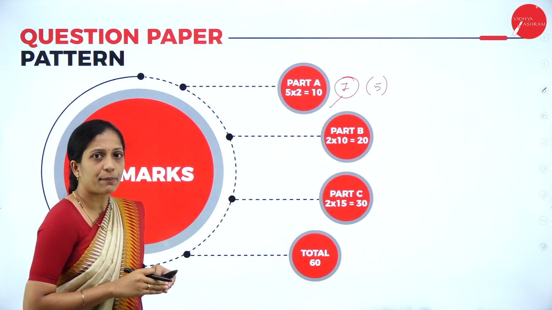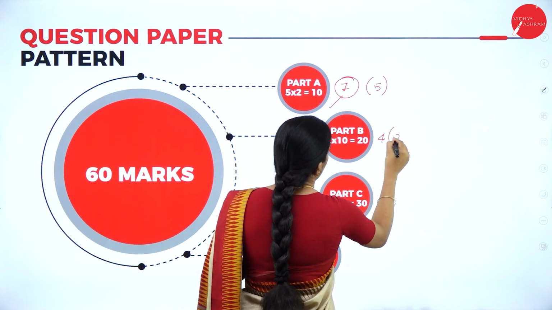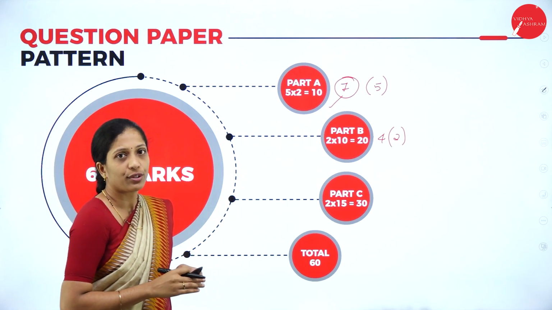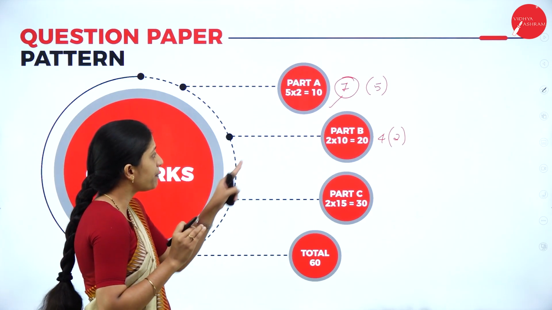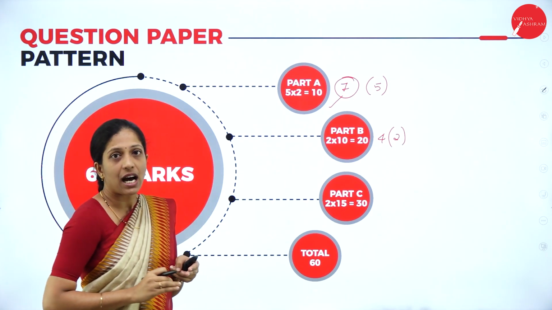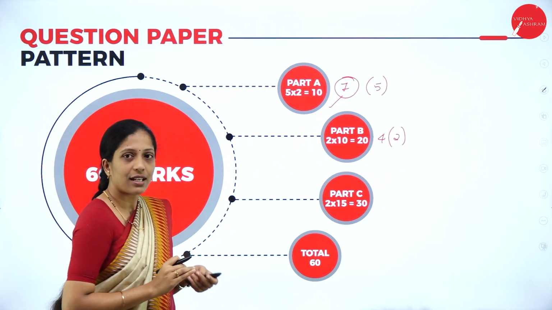Now coming to part B, they'll ask you 4 questions out of which you are going to answer any 2, that is 2 into 10. So part B is of 10 mark questions, where 4 questions will be asked and you have to answer any 2, so 2 into 10, that is 20.